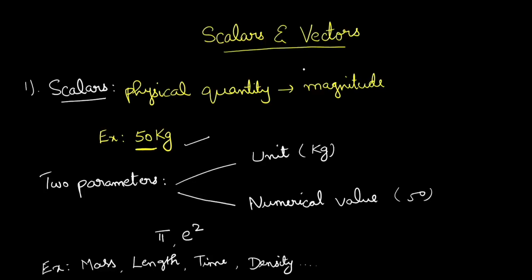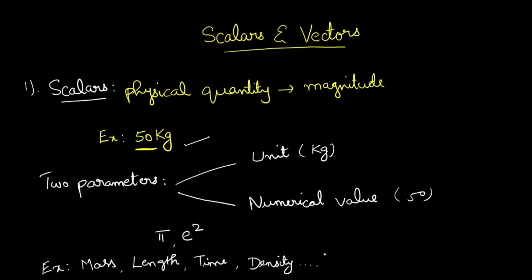We can list many examples like mass, length, time, distance, density, volume, speed, temperature, gravitational potential, work, energy, power, pressure, and so on. We have listed only a few examples of scalar quantities.